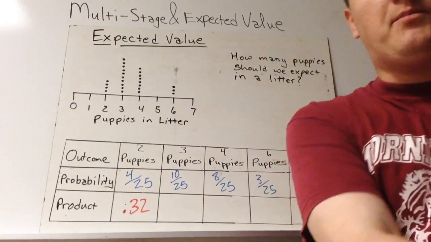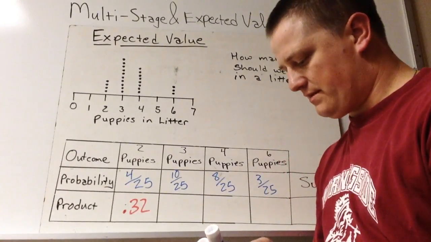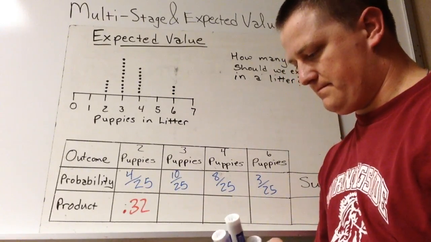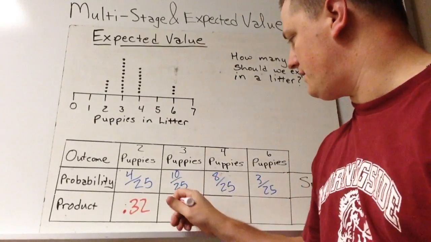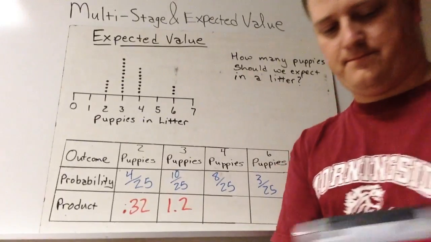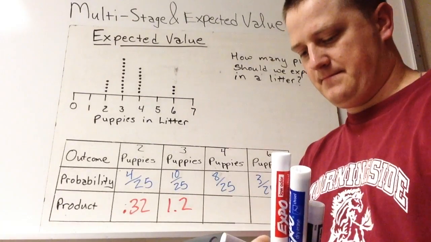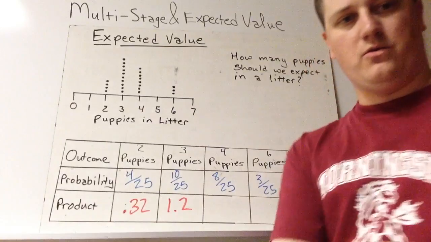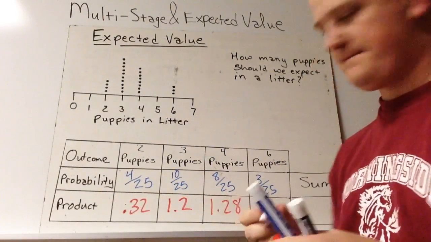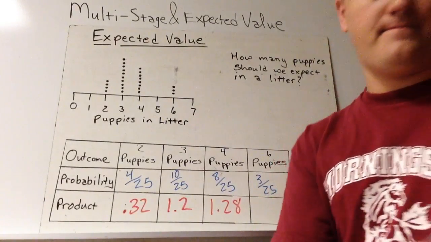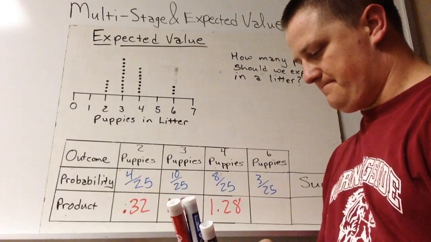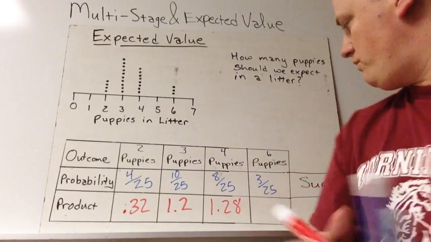And we'll have the products for each of these: 1.2 here, 1.28, and our last one is 0.72.